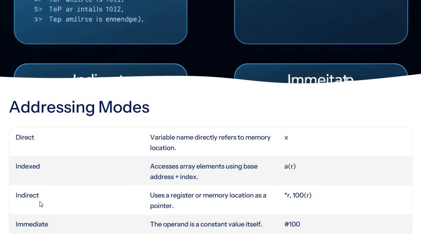Next is indirect. Here a register contains the address of the data such as *R or *100(R). And last one is immediate, where the operand is a constant value like #100. Choosing the right addressing mode can impact the efficiency of code.